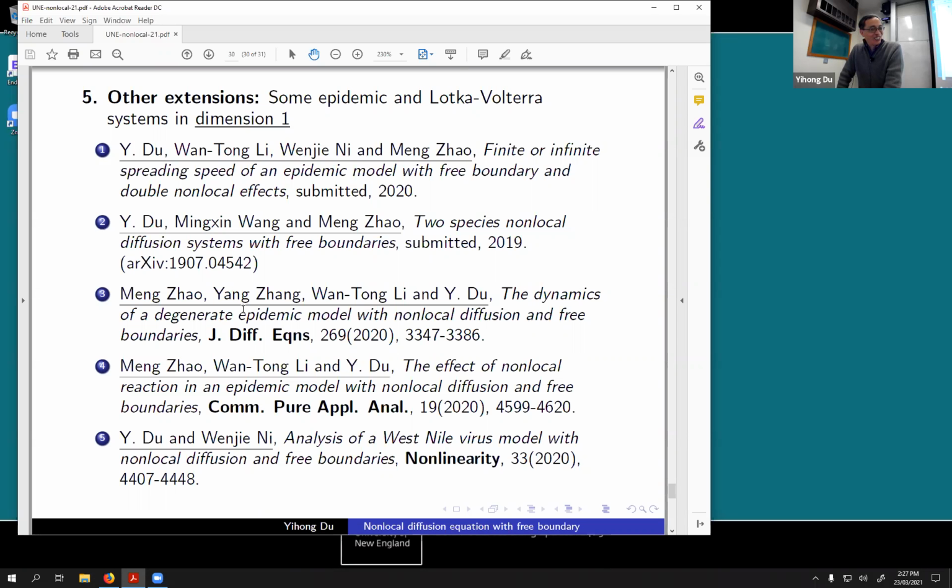This is called the logistic equation. Initially, people in ecology just used the ODE. And then I think, so this Fisher KPP paper appeared in 1937, partly perhaps because of the Second World War.